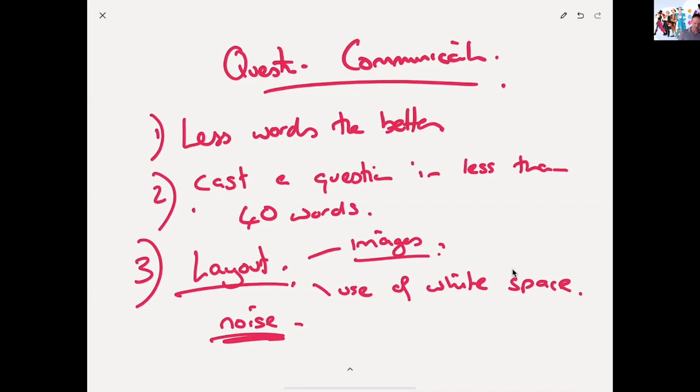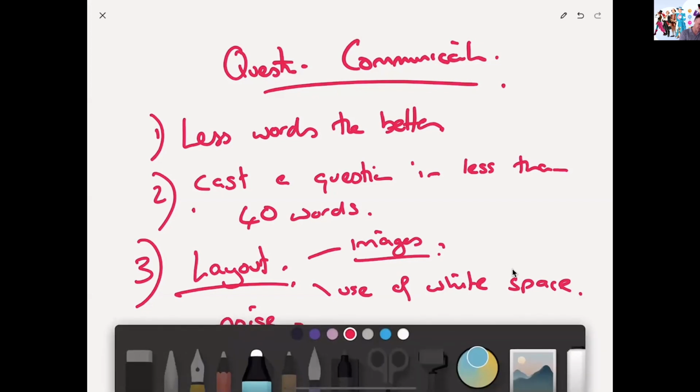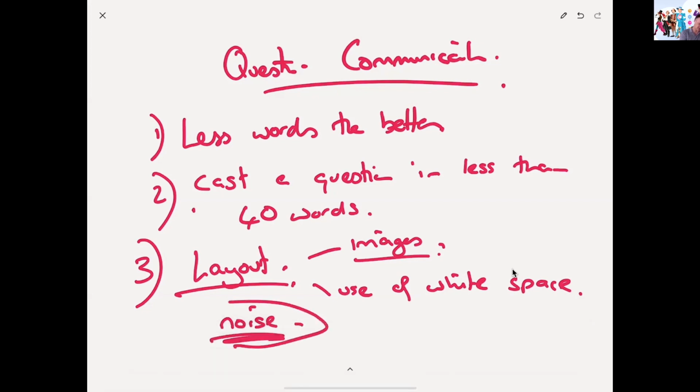And as a result, as an effective piece of communication, where the receiver needs to be able to understand the true message the communicator is actually trying to get across, it suffers. Why? Because there is far too much noise present in that piece of communication. So thinking about your use of white space, what don't you put on the page, is important in question design.